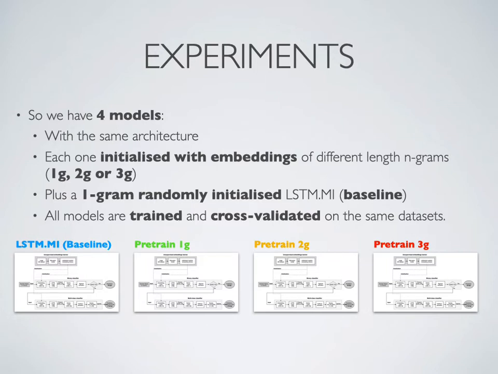And then we used instead the pre-trained 1-grams, 2-grams, and 3-grams embeddings to initialize the embeddings of the other three models. So with these models, we ran experiments training and cross-validating on the different slices of the datasets that we discussed before, from the smallest one to the biggest one.